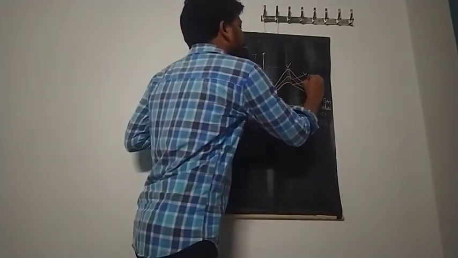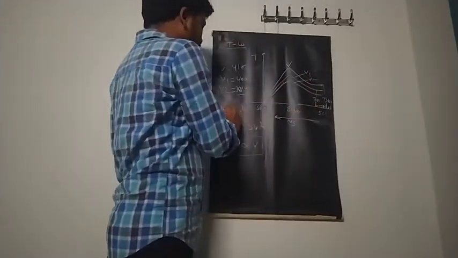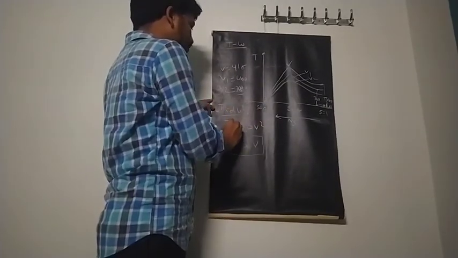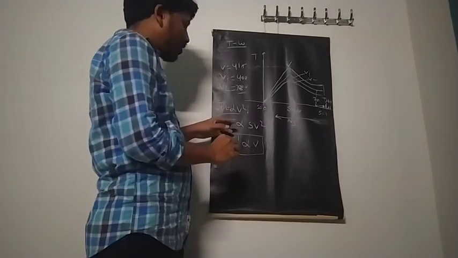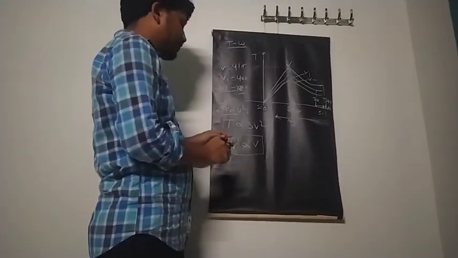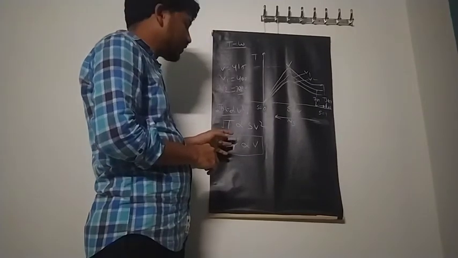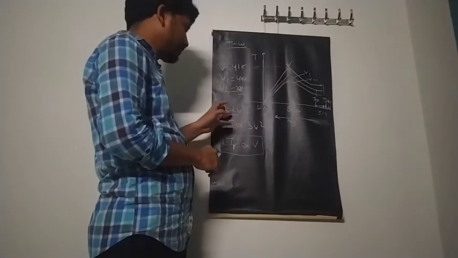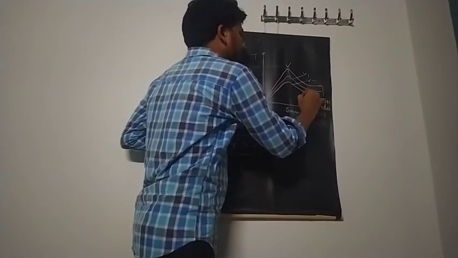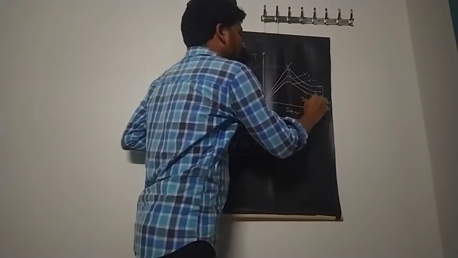Then the starting torque also decreases while decreasing the voltage, the torque developed by the motor also decreases, and the rotor current drawn by the motor also decreases. So this is the T starting 2.